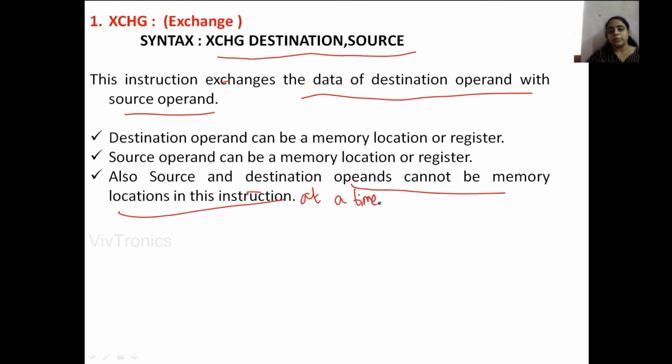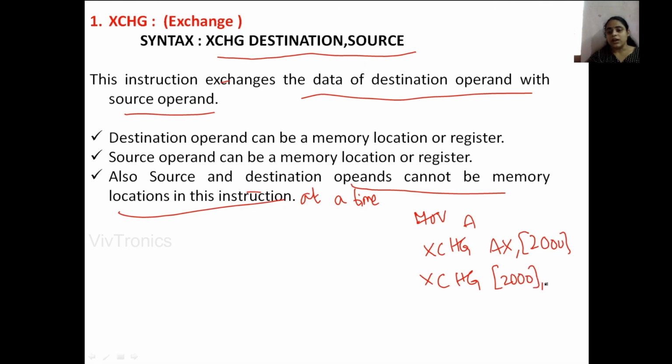Okay. That means you can write XCHG AX comma content of memory location, say 2000, or else you can write XCHG content of 2000 comma AX, but you can't write 2 memory locations at a time.